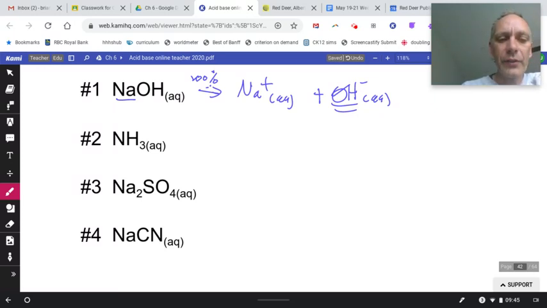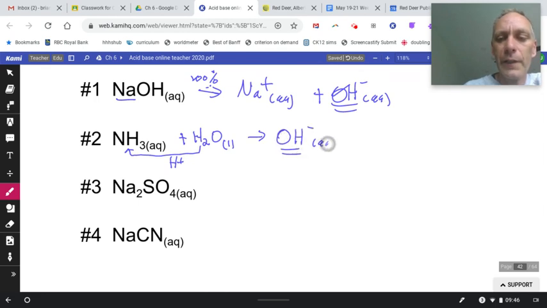Okay, NH3 is not ionic. There's no metal in there. It's molecular. So molecular compounds react with water. So this one's a little tricky. So our rule, there's no anion in here. It's just one compound, but we know that it has to steal the H plus to make it basic. So if NH3 steals the H plus, the water is left with OH minus. There's the basic part.